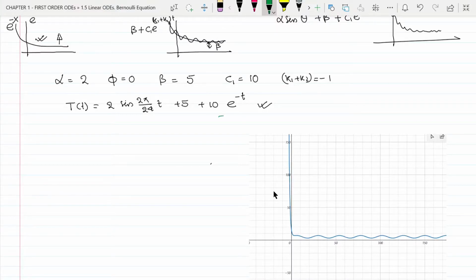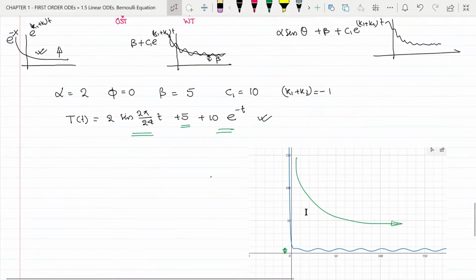In the graph, this exponential term causes the graph to decrease like this. This term causes the graph to shift upwards in the y-axis, and this sine term causes the oscillation in the graph. Let us explain more.